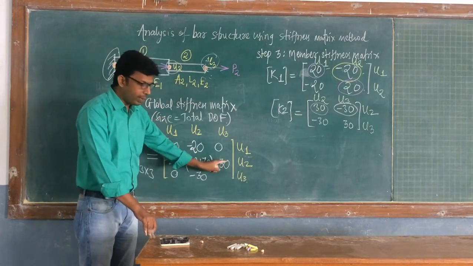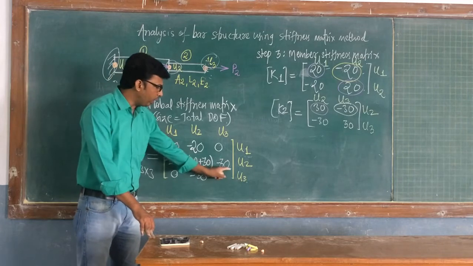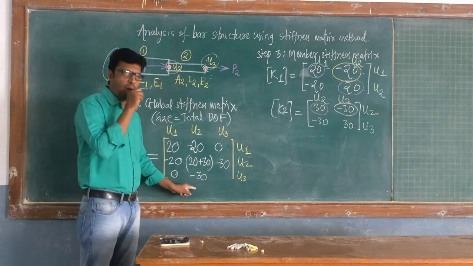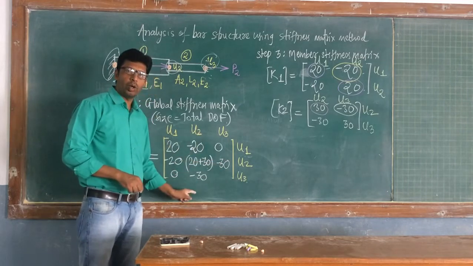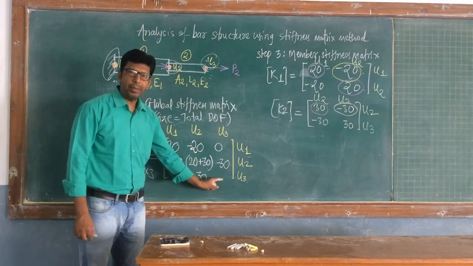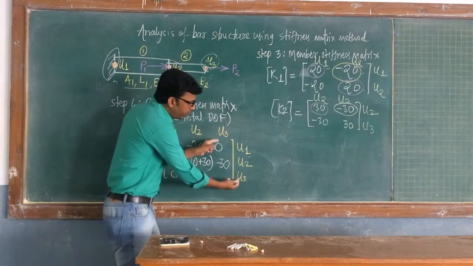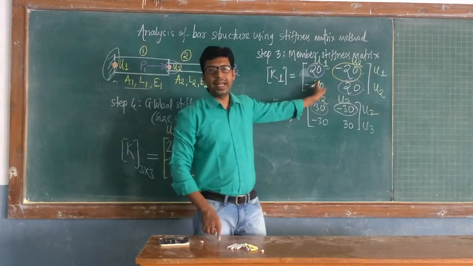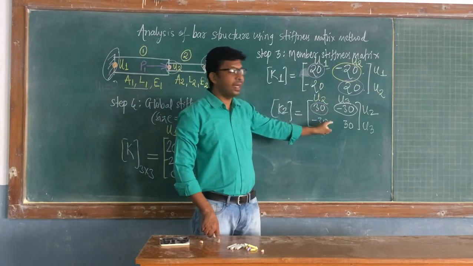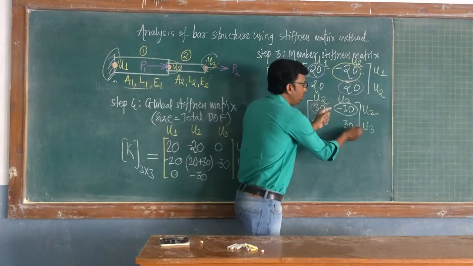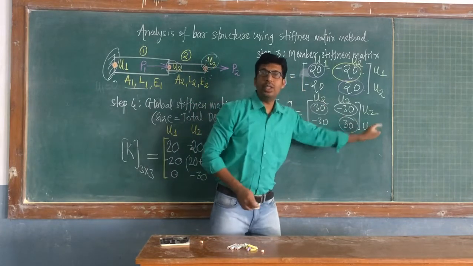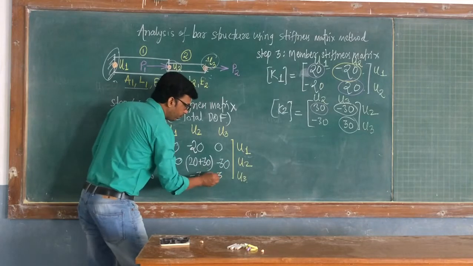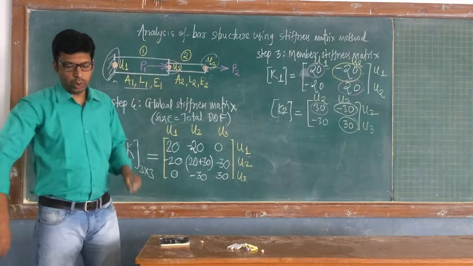Again, since the stiffness matrix is symmetric, this element and this element will be the same. Second row equals second column. Now the last element, the U3, U3 combination. It is not present in the first matrix. It is present in the second matrix. U3, U3 means 30.